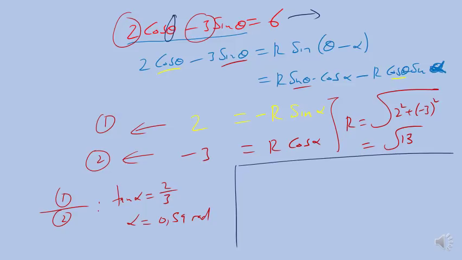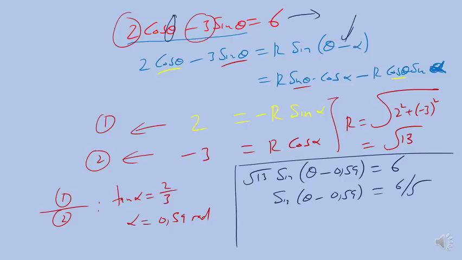What is r? r was root 13. And we said sine, be careful, theta minus, there's the minus there, 0.59 equals 6. And then sine of theta minus 0.59 equals 6 over root 13. And if we want to work out, now watch this, guys.